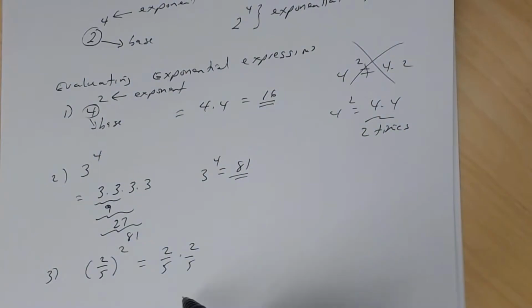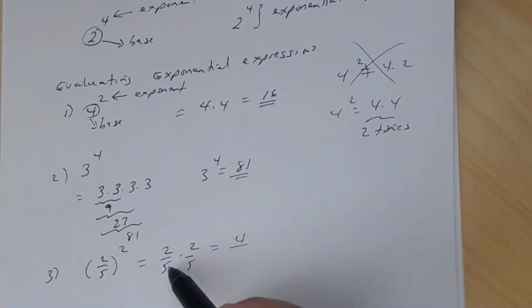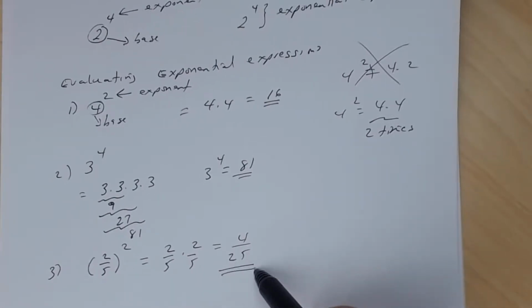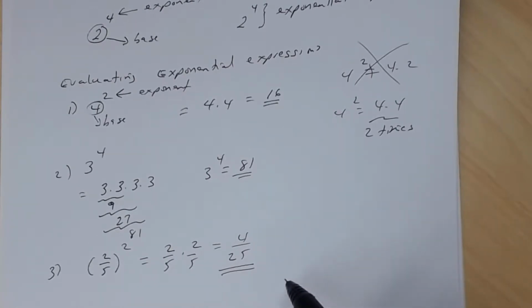So that's 2 fifths times 2 fifths. Then you're just multiplying these fractions, so you multiply the numerators. 2 times 2 is 4. And then the denominators, find that product. 5 times 5 is 25. So you get 4/25 as your answer for 2/5 squared.